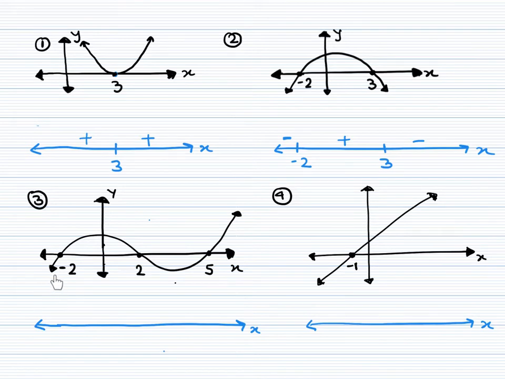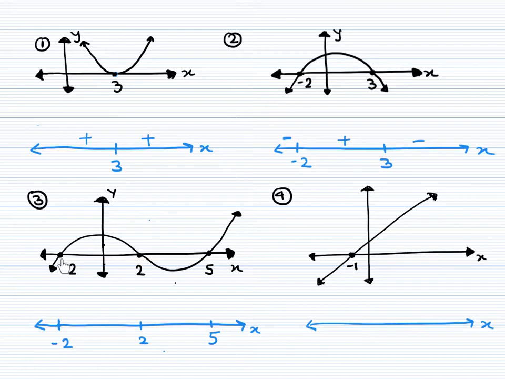We can see that this graph is cutting the x-axis 3 times. So we have 3 critical values here, and I'm going to label them on the horizontal axis: -2, then 2, and then 5. Same as before, we look at what's happening.